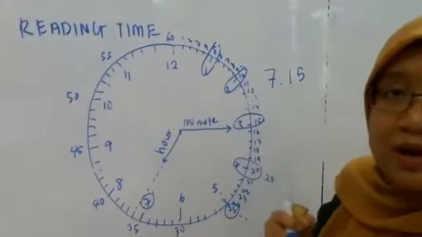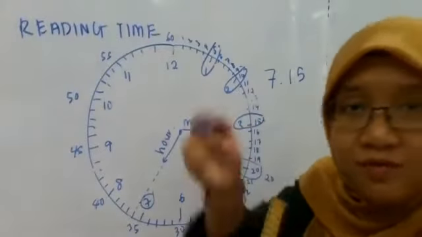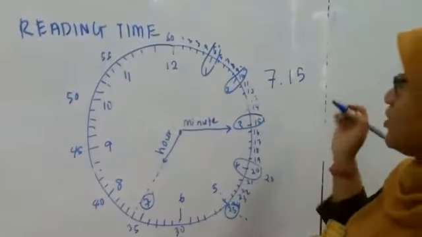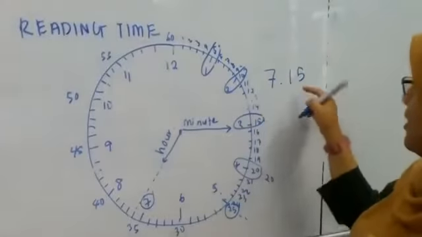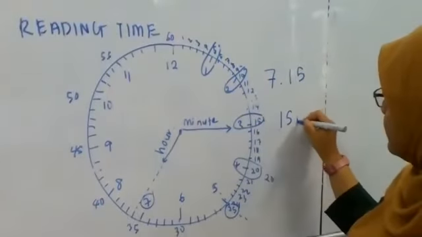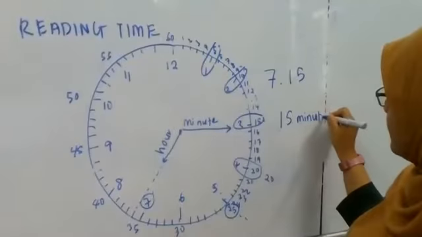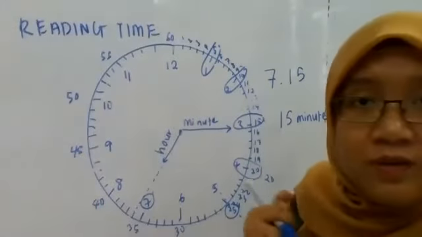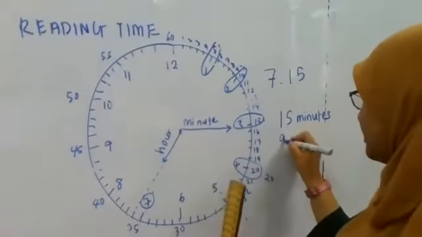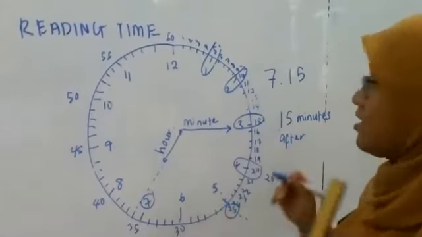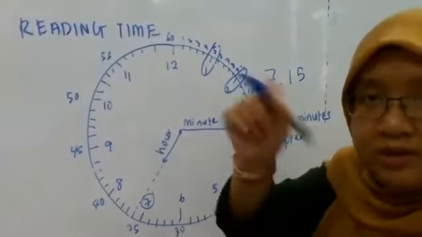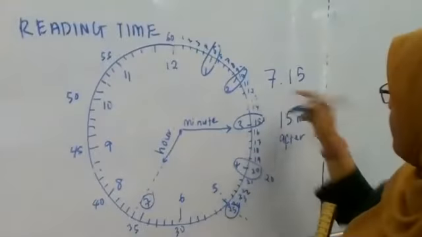Then how do you write this clock in writing form? First, you start with the minute: 15 minutes. 15 minutes what? 15 minutes after. Then you take the hour needle, the short needle, which is 7.